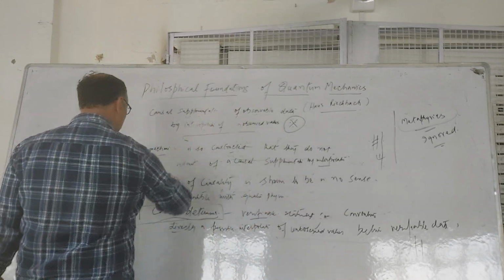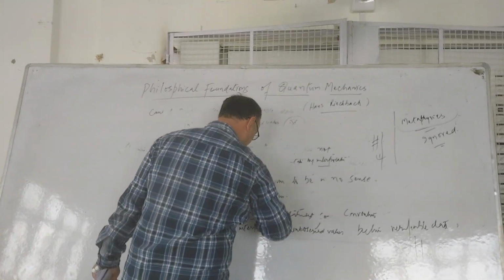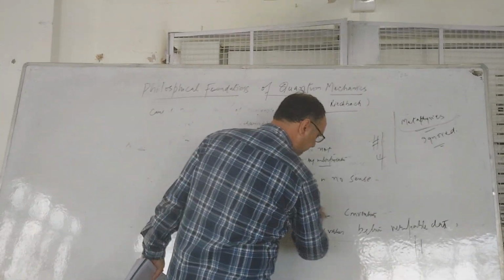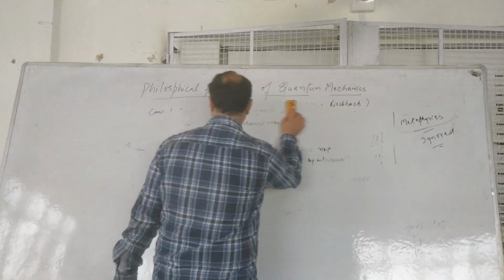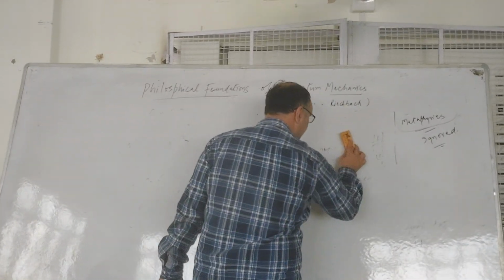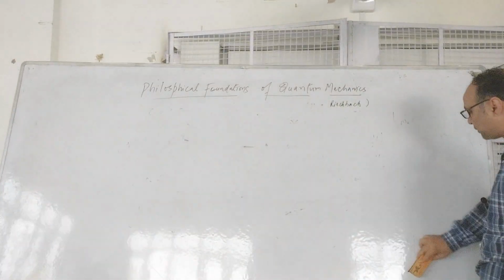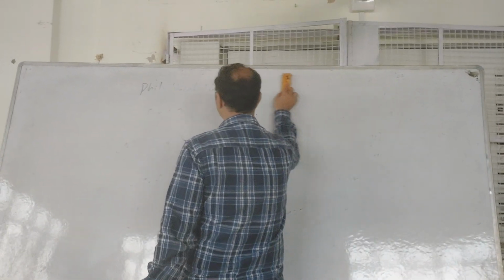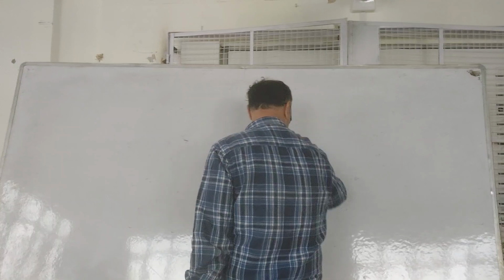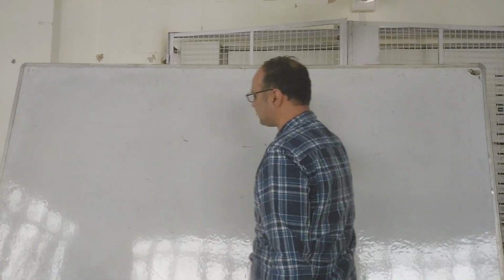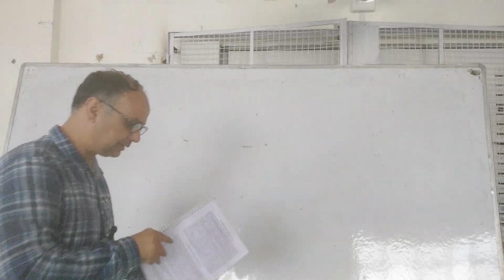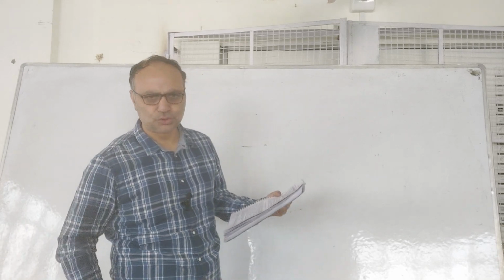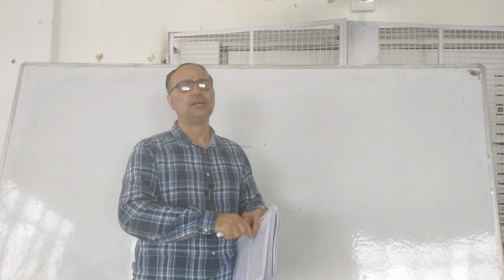But in today's class, we are going to have some sort of graphical or pictorial way of trying to visualize these variables, in terms of some probability distributions, which we study in normal quantum mechanical classes.